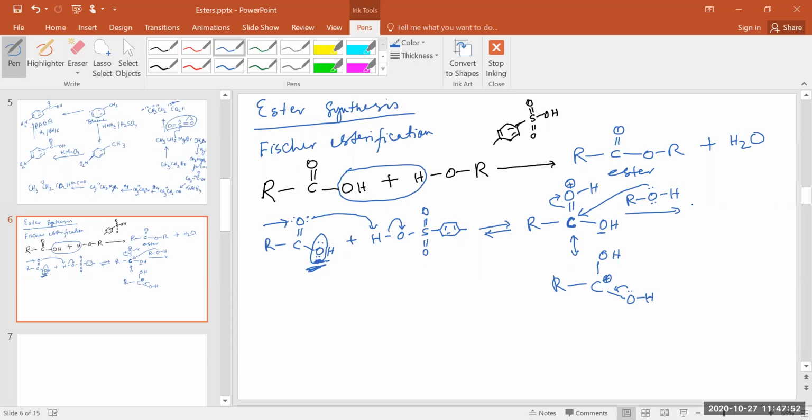So it's ROH. Now the conjugate base can take this proton, it will be removed, and remember again, all these are reversible reactions.